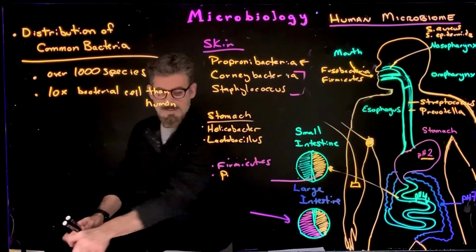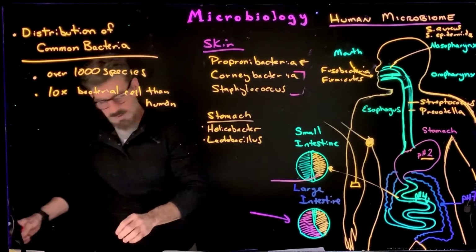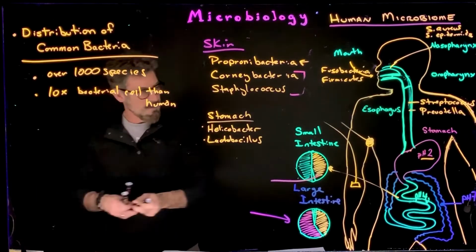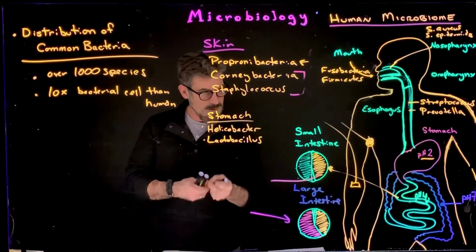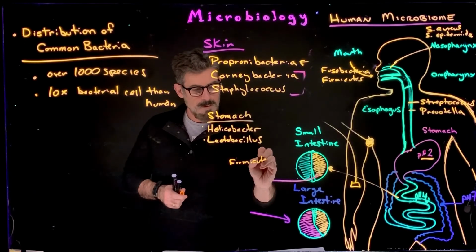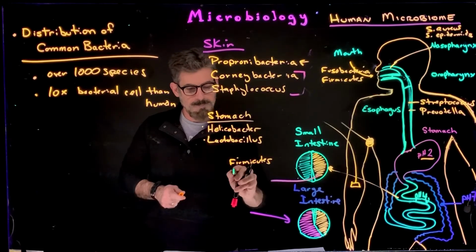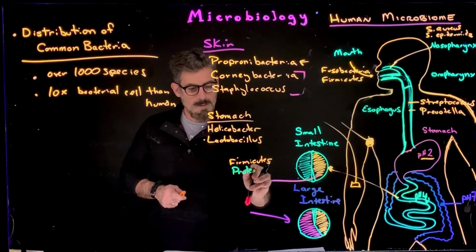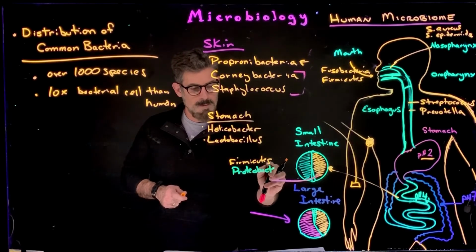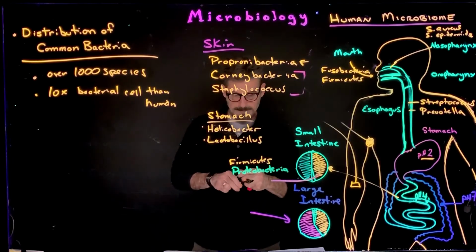Actually, you know what I should do? I'm going to do this. Sorry. This will make it a little bit easier to follow if I do it like this. So if I do the Firmicutes and the proteobacteria, that way they're color-coded here. You can see with that.